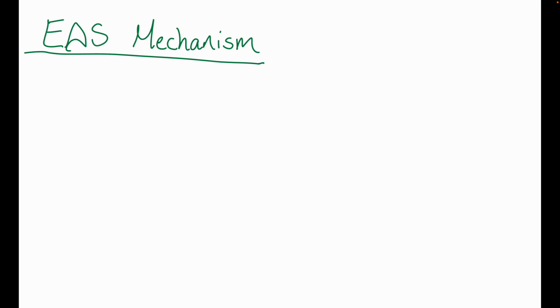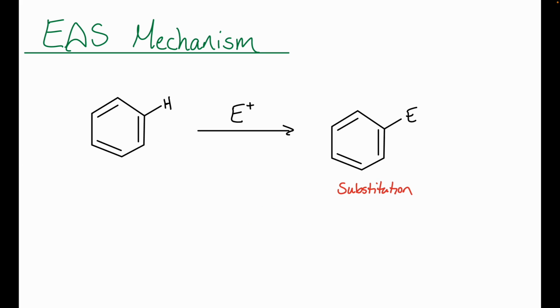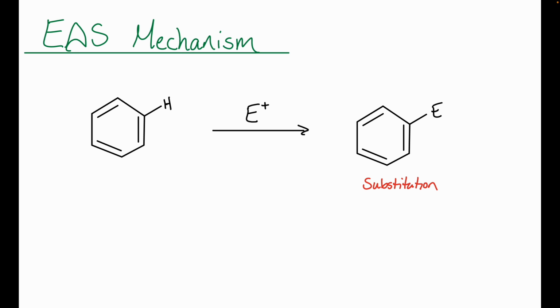All right, so our EAS mechanism. Again, here's where we're going, our substitution product. Okay, the first step in the mechanism is indeed what you would expect based on what we learned about alkenes.